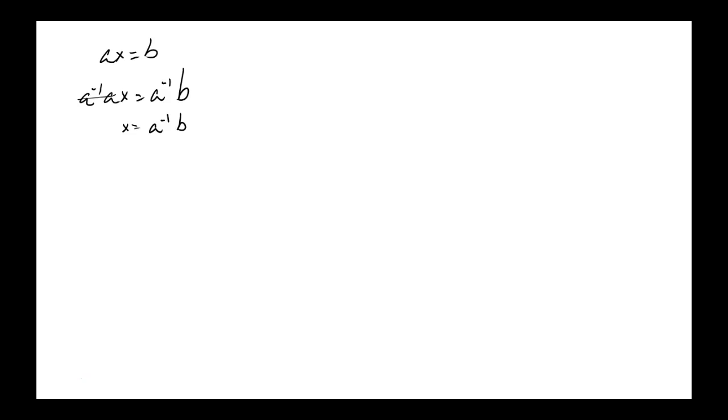That definition of a multiplicative inverse of a matrix is similar, but it's not reciprocal. Get that in mind. Multiplicative inverse of a matrix is not the same as reciprocal of a matrix. It's a multiplicative inverse.